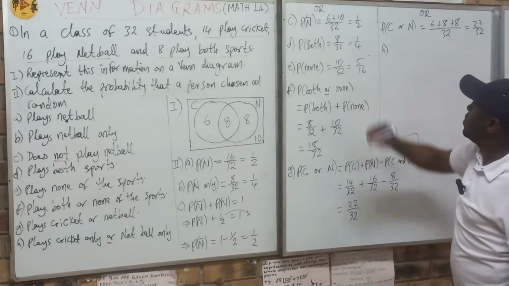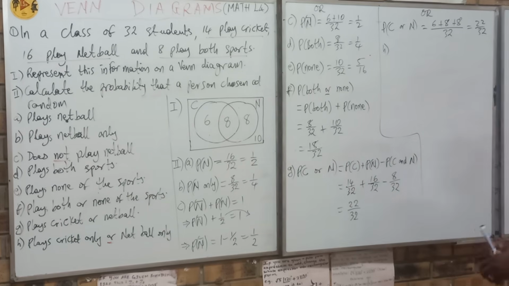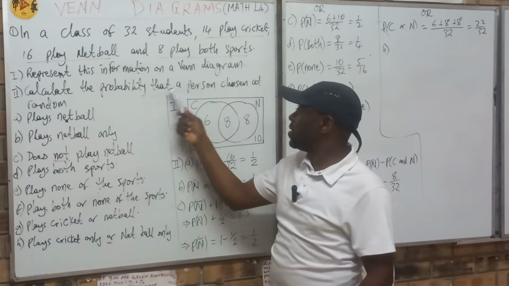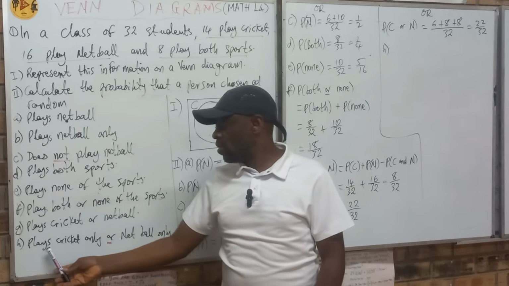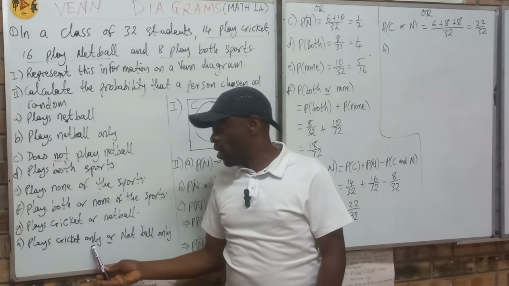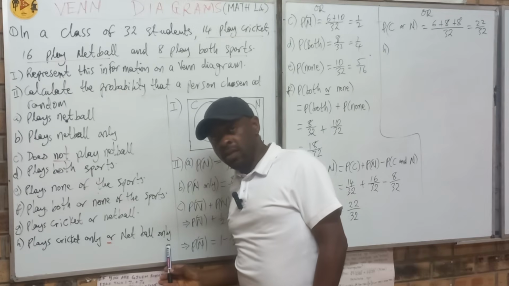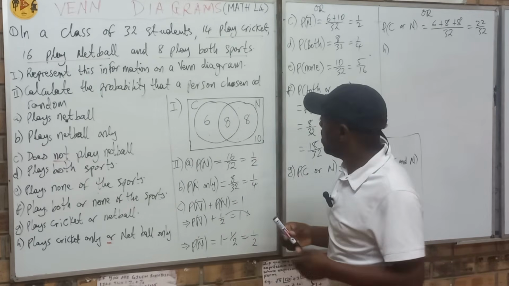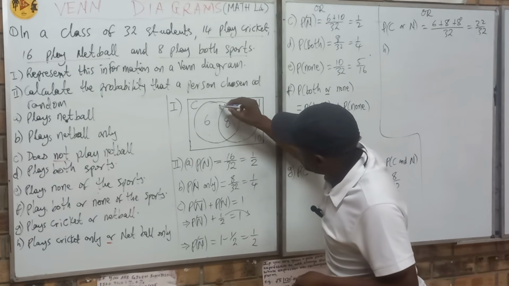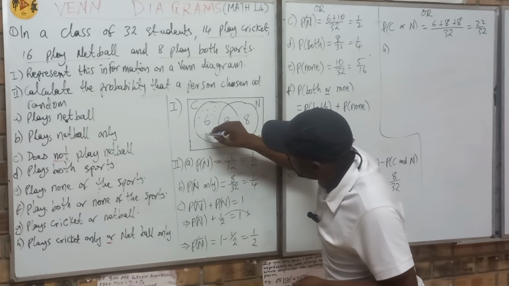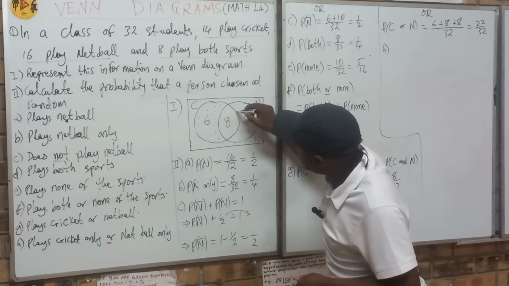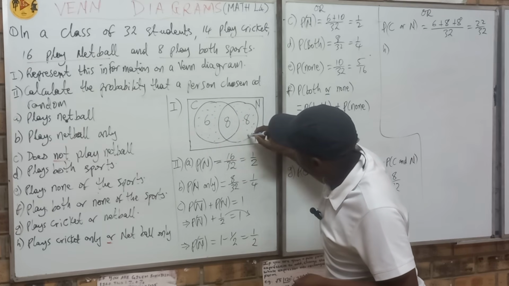We can now go to H, which requires us to calculate the probability that the person chosen at random plays cricket only or netball only. So we are now targeting this portion, cricket only, or netball only.